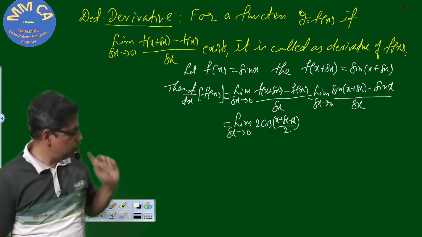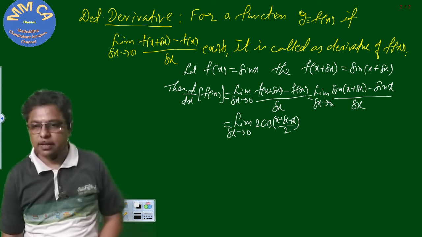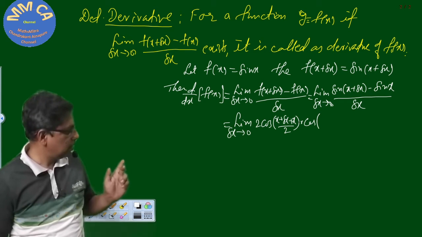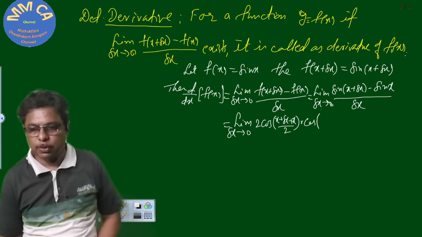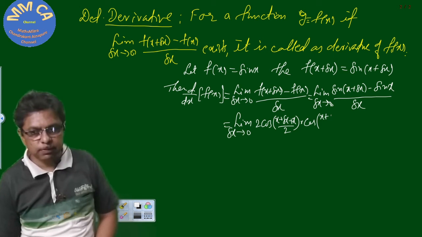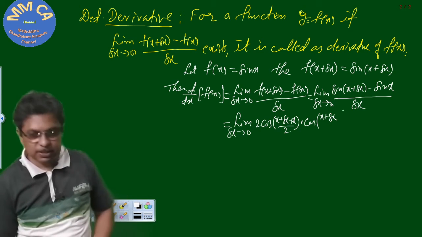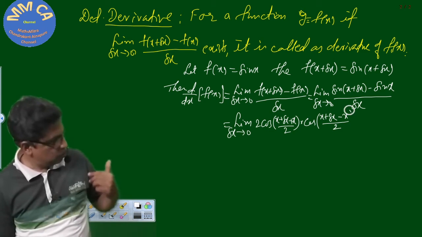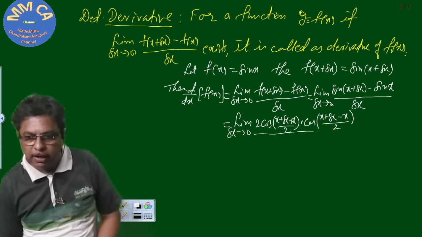Okay, 2 sine into cos. So cos of, in cos we have to take the difference divided by 2. So the first term is x plus delta x, minus the second term x, divided by 2. Okay, and the whole is divided by delta x, with no change in the denominator.